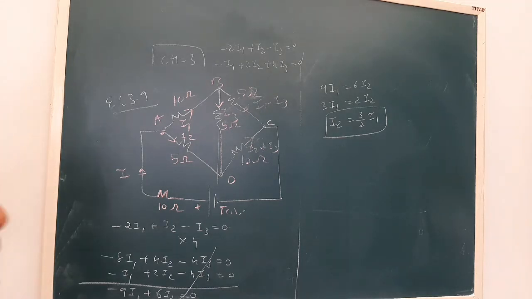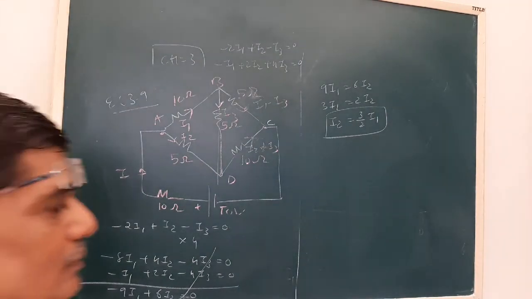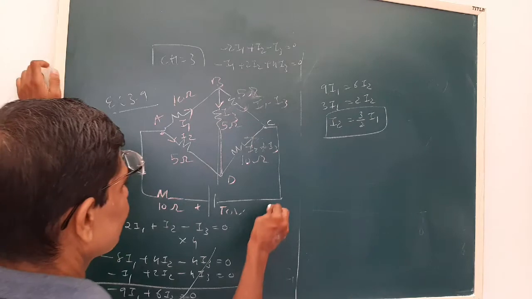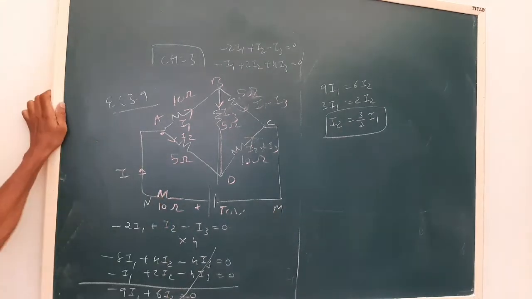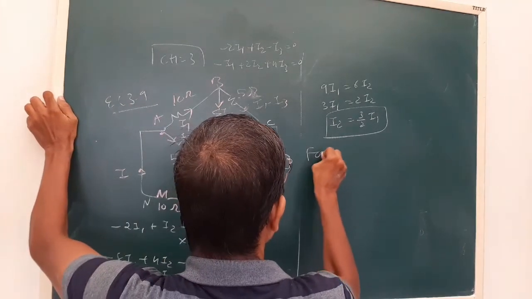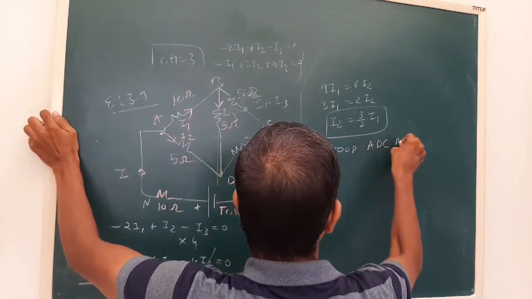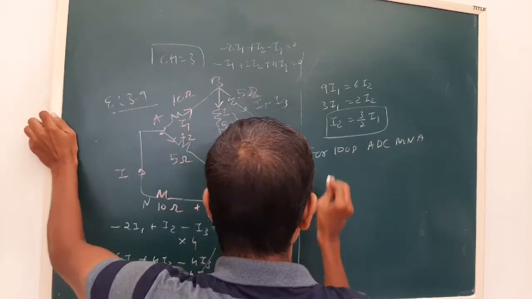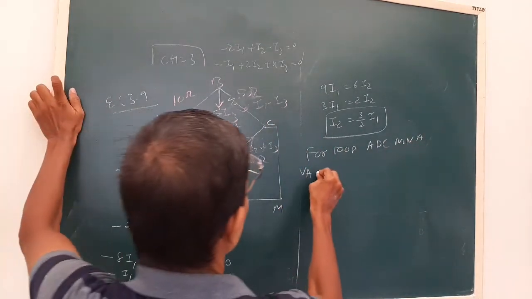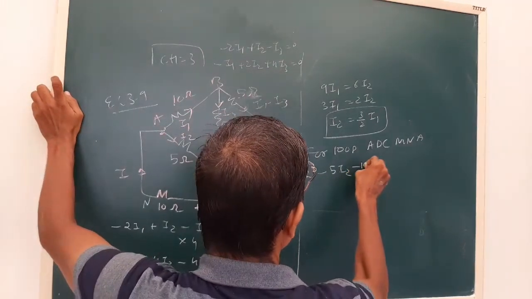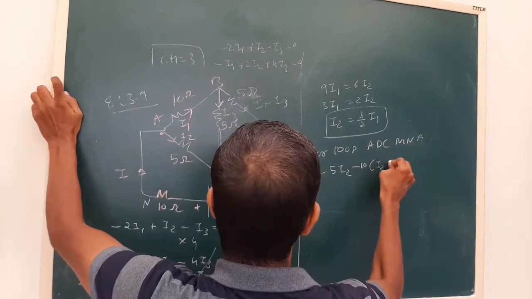as I told, whatever number of unknowns are there, we should have that many equations to be found. Now again we use Kirchhoff's second law for the loop ADCMNA. This is for our convenience. For loop ADCMNA, VA minus 5I2, then in the current direction minus 10 times (I2 plus I3).